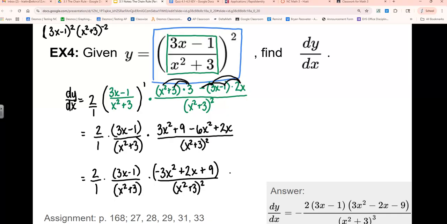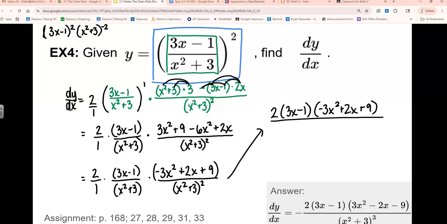I just multiply straight across. So I will have 2 times 3x minus 1 times negative 3x squared plus 2x plus 9 over, in the bottom, 2x times x squared plus 3 to the first power, and then I've got an x squared plus 3 to the second power. So that is going to be x squared plus 3 to the third power.